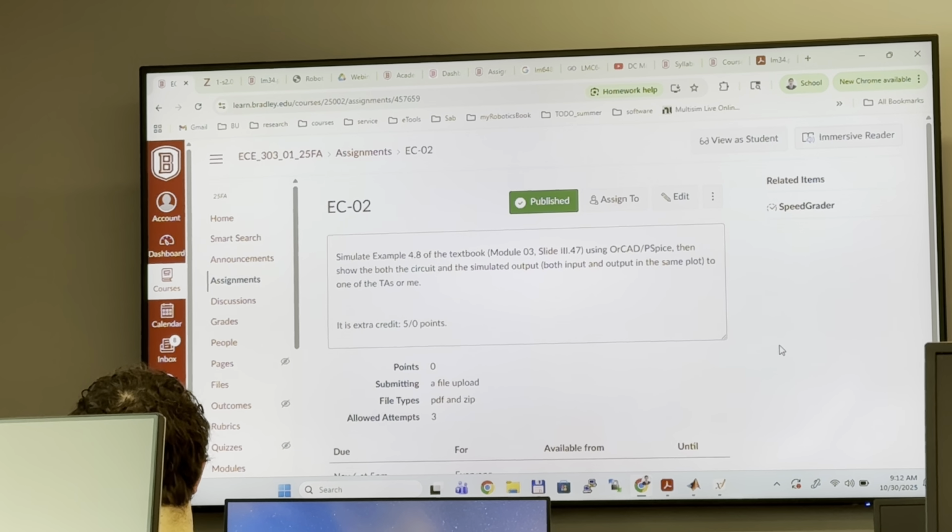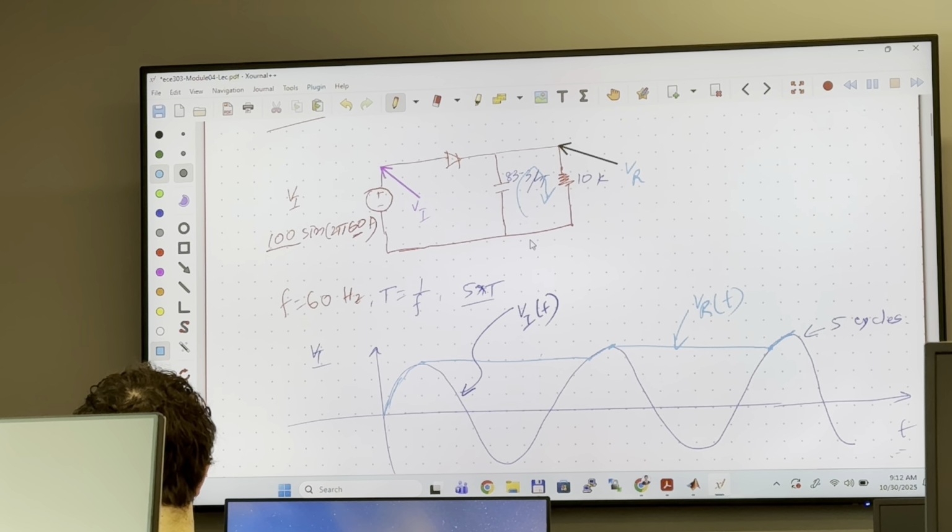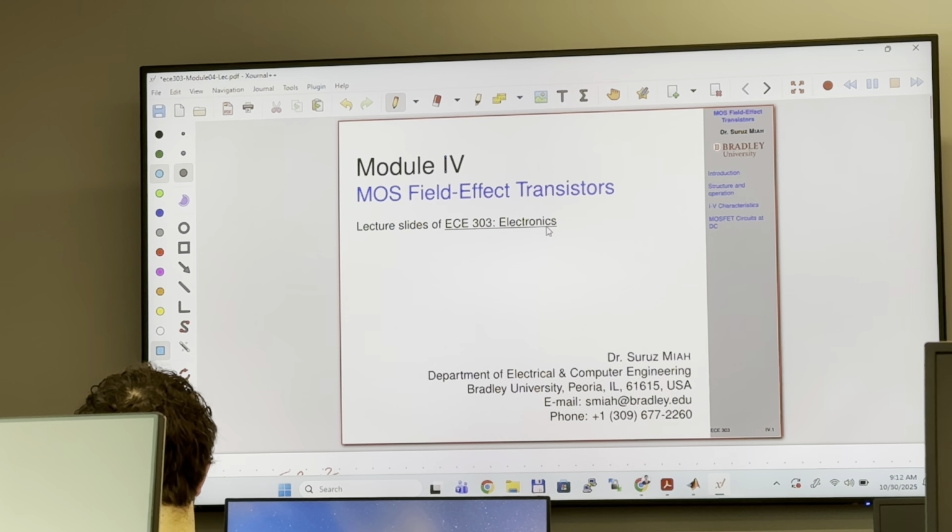All right. So let's move on to our next module, which is field effect transistors.